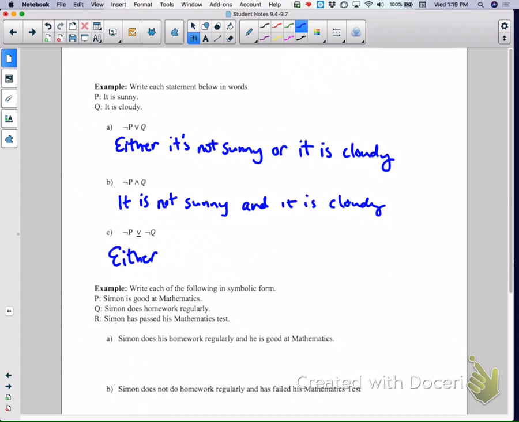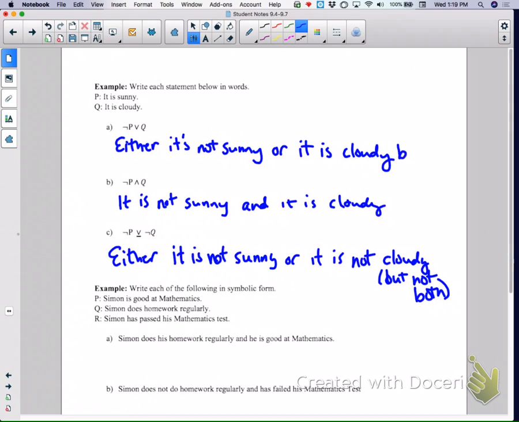So either it is not sunny or it is not cloudy, but not both. Let's just go ahead and add up here or both, just to keep that clear. When you've got the line underneath, it cannot be both, but when you don't have the line underneath, it can be both.